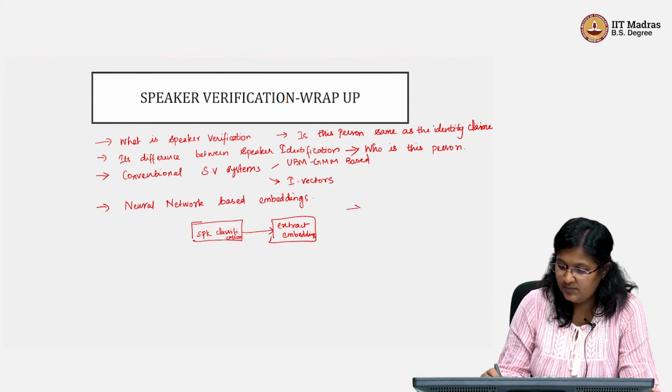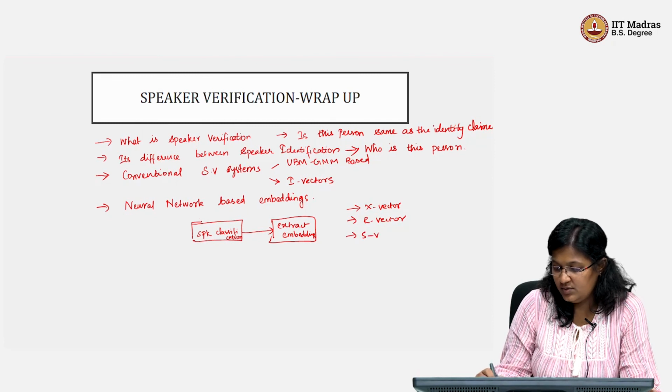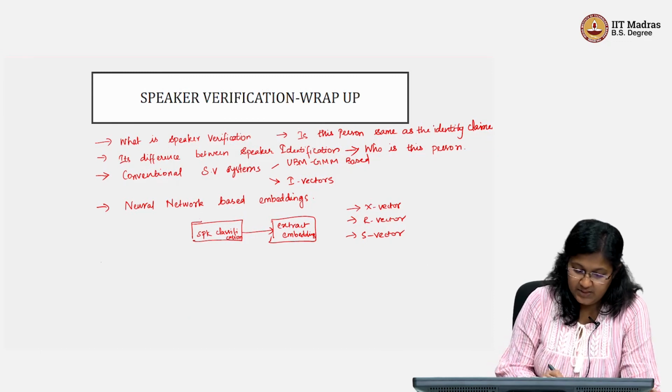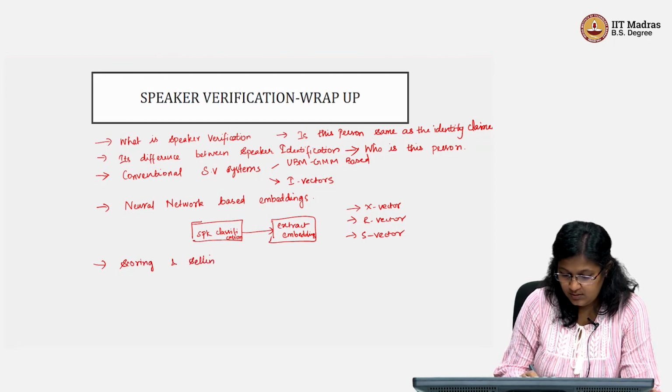How many architectures did we see? We saw the X vector architecture, R vector architecture, and our in-house S vector architecture. So, once we have extracted the embeddings, the next step is to do scoring and setting a threshold, right.